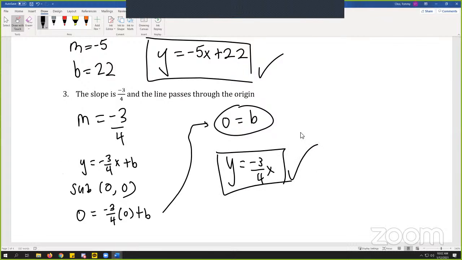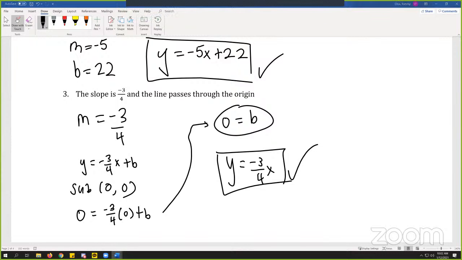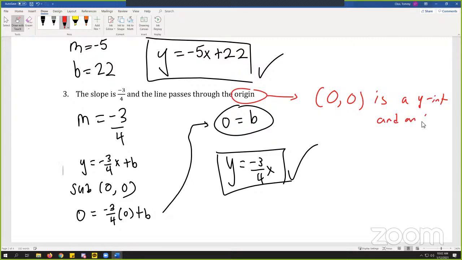And if you were fast enough to realize, the origin being (0, 0) is a y-intercept and an x-intercept. So this is technically already telling you that b equals 0.